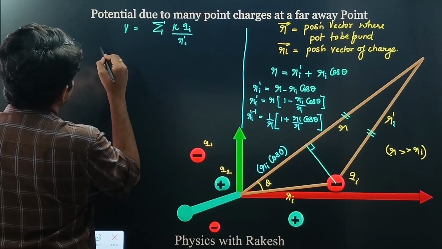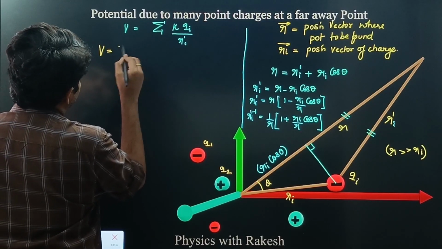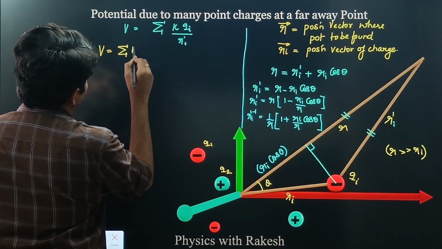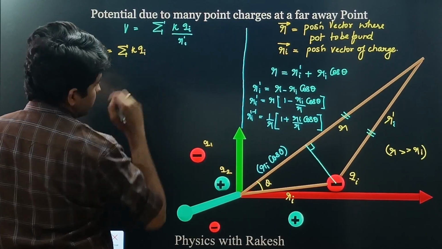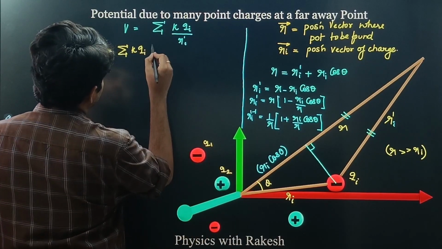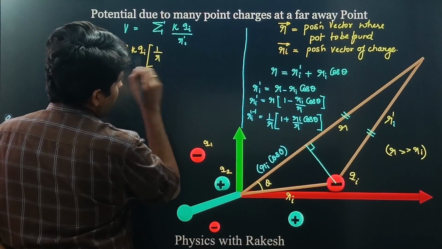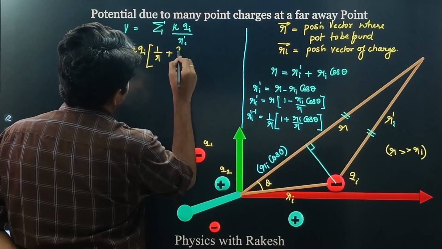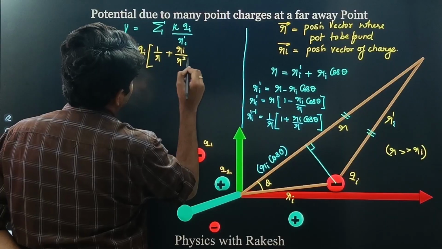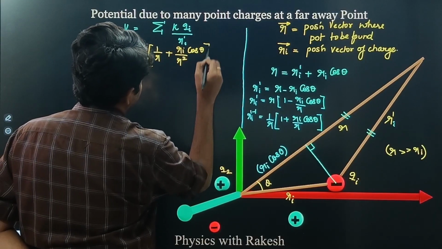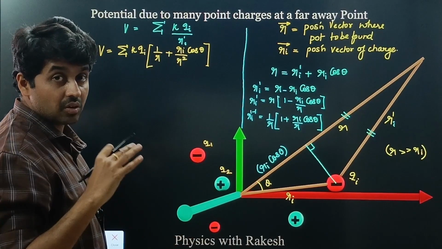So the potential becomes summation kqi into 1 by r plus ri by r square cos theta. You see the expression now, how it comes out to be.